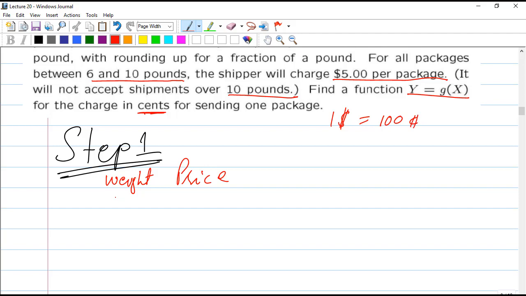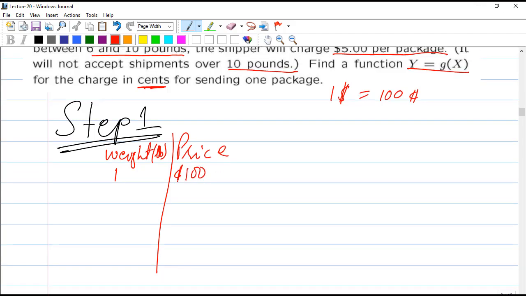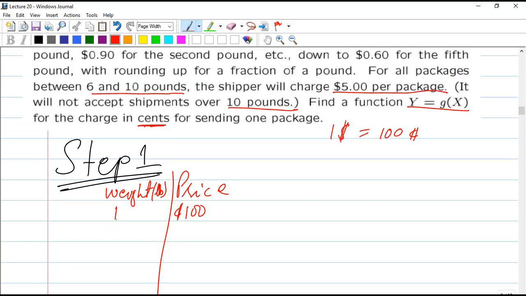So the weight is 1 pound, and the price for that is $1 or 100 cents. Then for the second pound, the weight is now 2 pounds, so the price will be 100 for the first and 90 cents for the second. So the total will be 190 cents.